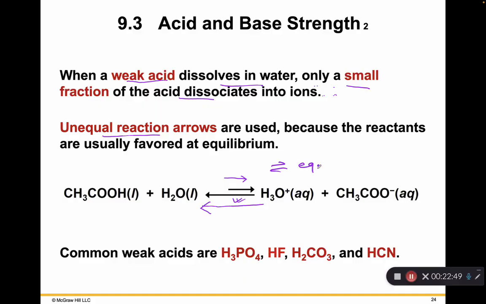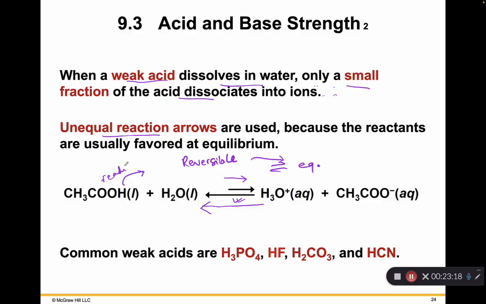It is not a one-way highway. It's a two-way lane, because the reactants are favored at equilibrium. So we have a reversible reaction, a reaction that goes into equilibrium. An example is acetic acid. Those acids give away the proton, but not very readily.